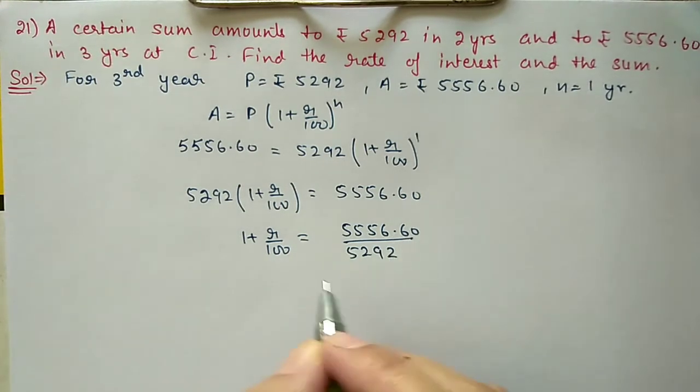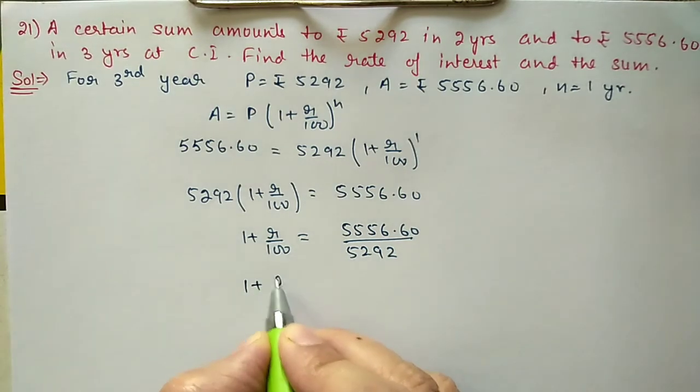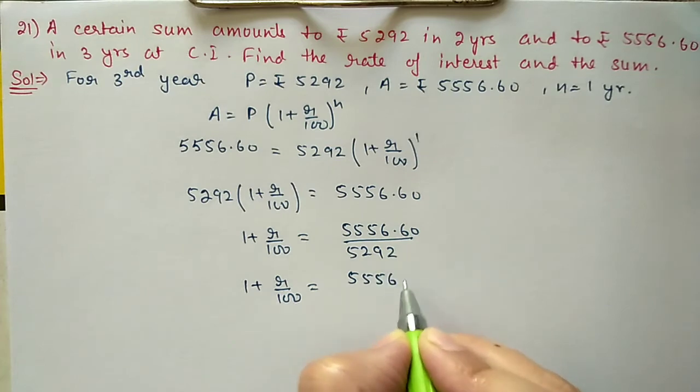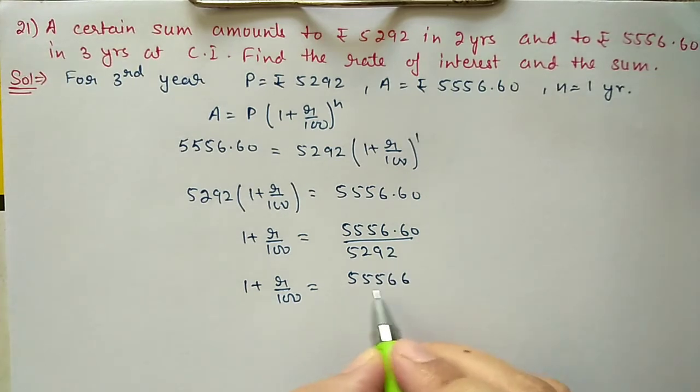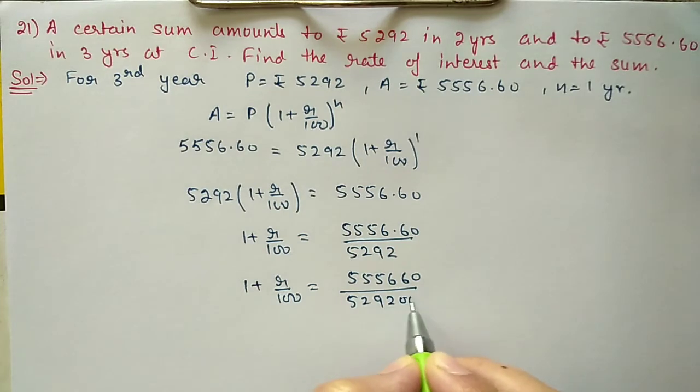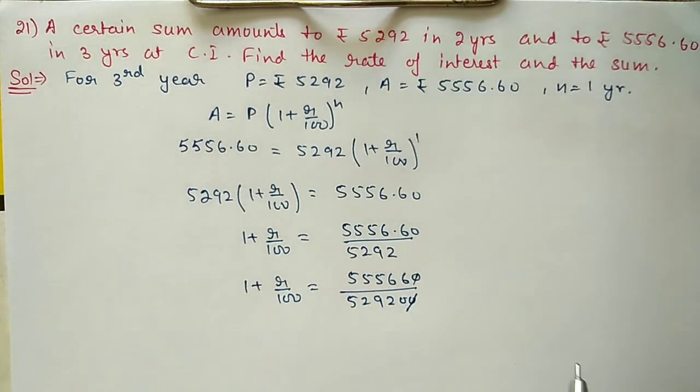And now we can remove this decimal. So we will get 1 plus r by 100 equal to 55566 over 529200. The 1 and 0 we can cancel directly.